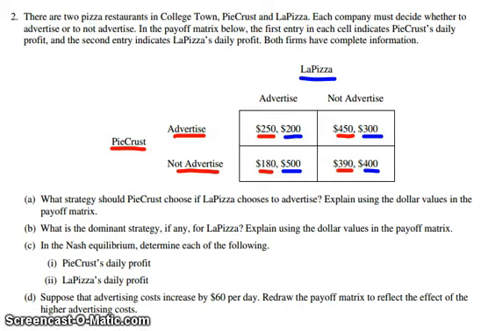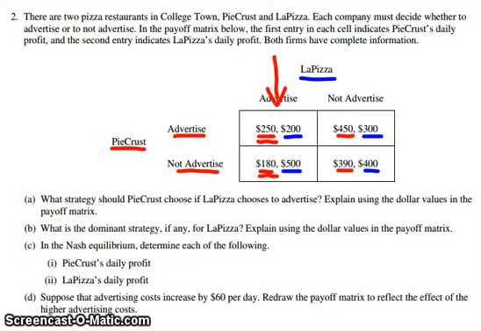If La Pizza chooses to advertise. So La Pizza's advertising. Pie Crust must choose between advertising or not advertising. Advertising is $250, not advertising is $180.